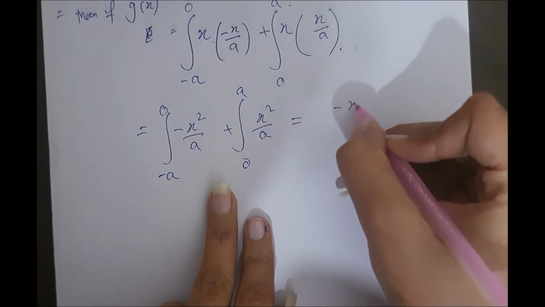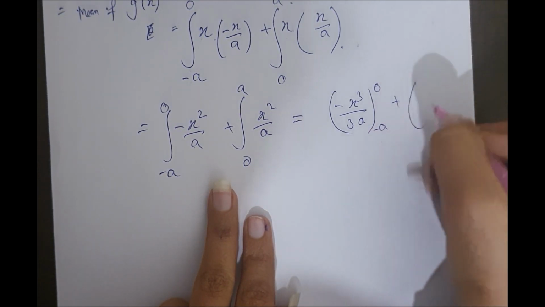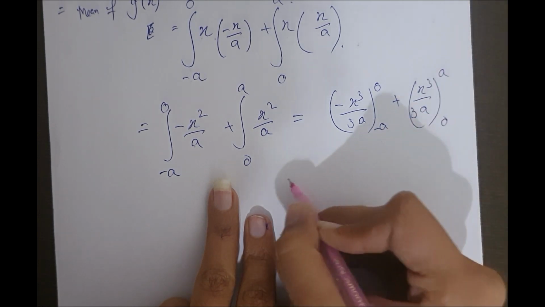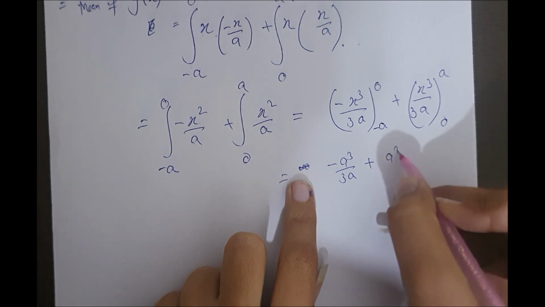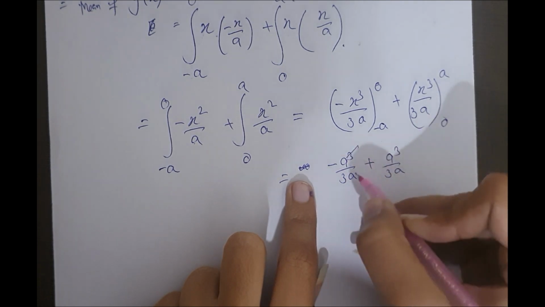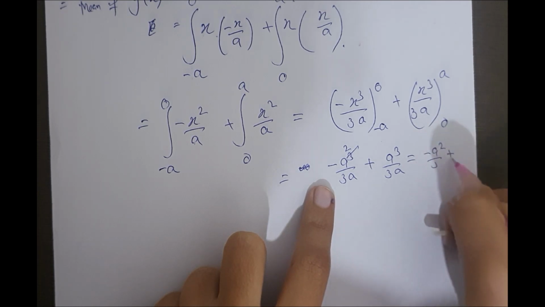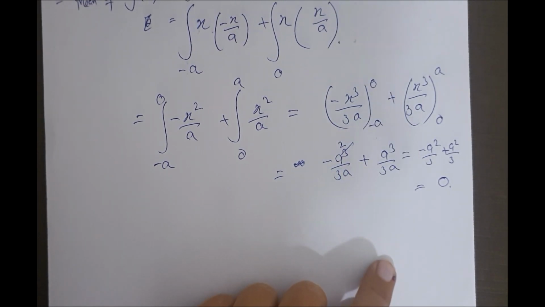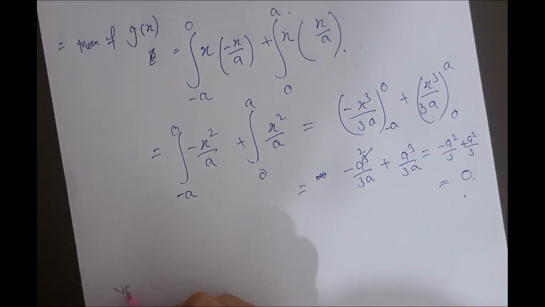This comes out to be the answer. It means that f(x) and g(x) have the same mean, that is 0.